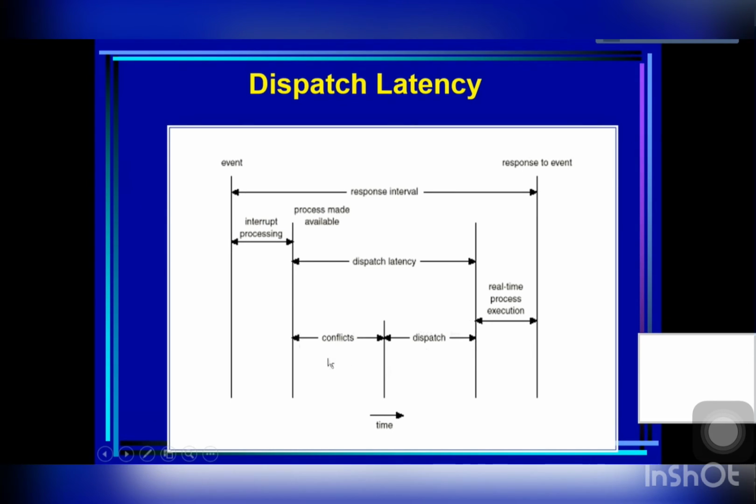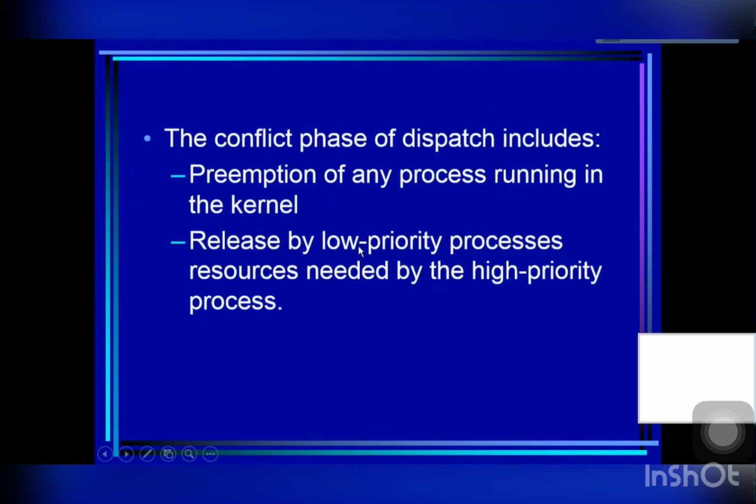The conflict phase of dispatch latency has two components. One is preemption of any process running in the kernel. Second, release by low-priority processes of resources needed by a high-priority process.